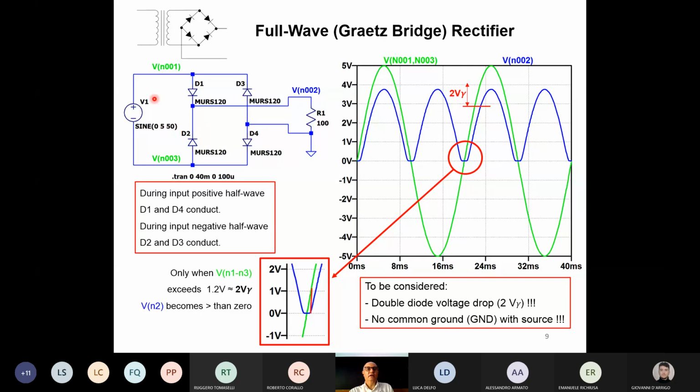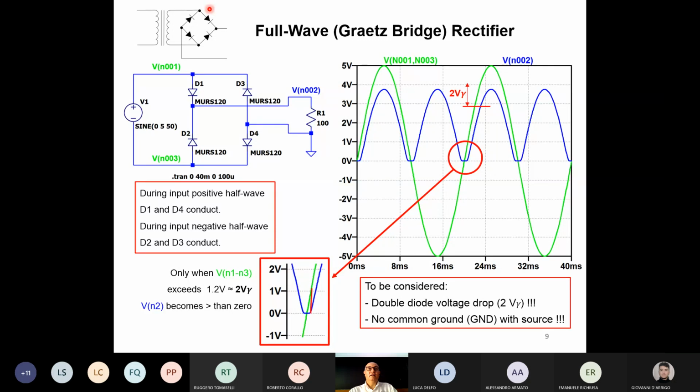So again, I'm using a 5 volts sinusoidal generator, and I'm using the Gratz bridge rectifier. Usually the Gratz bridge rectifier is designed like this, in a rotated square, let's say. Losango, I don't know in English how it's called.